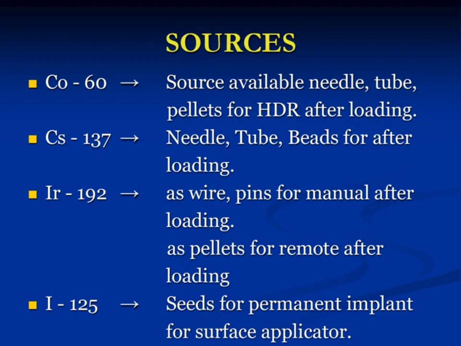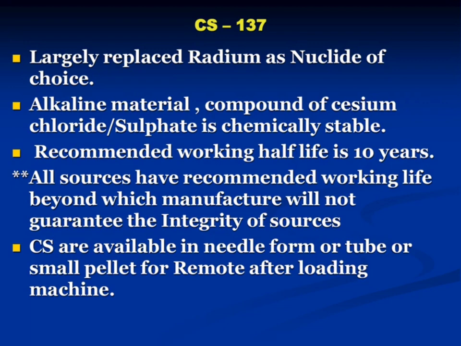The source is encapsulated in a sheath, so the actual radioactivity is compromised because of the source encapsulation. You can see a diagrammatic picture of a tumor where the iridium-192 is displayed in the figure.